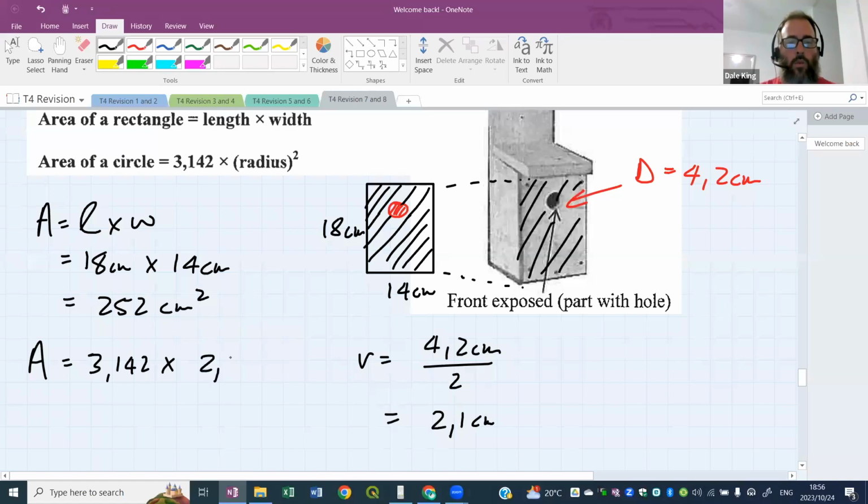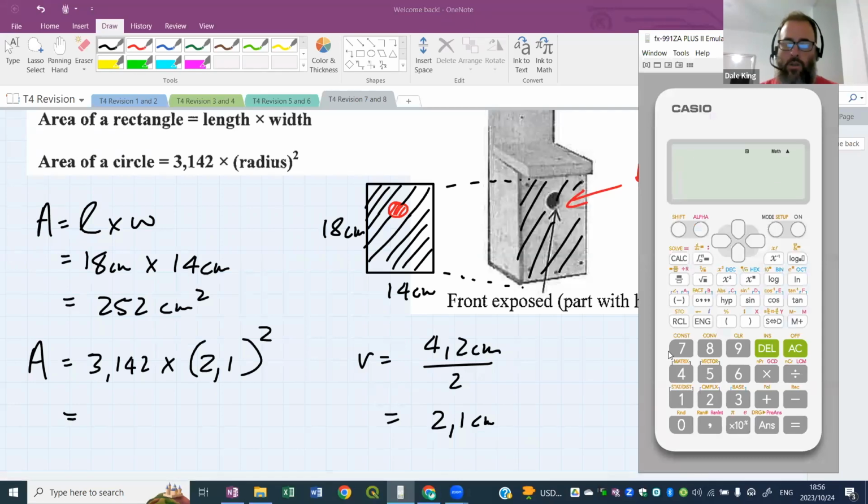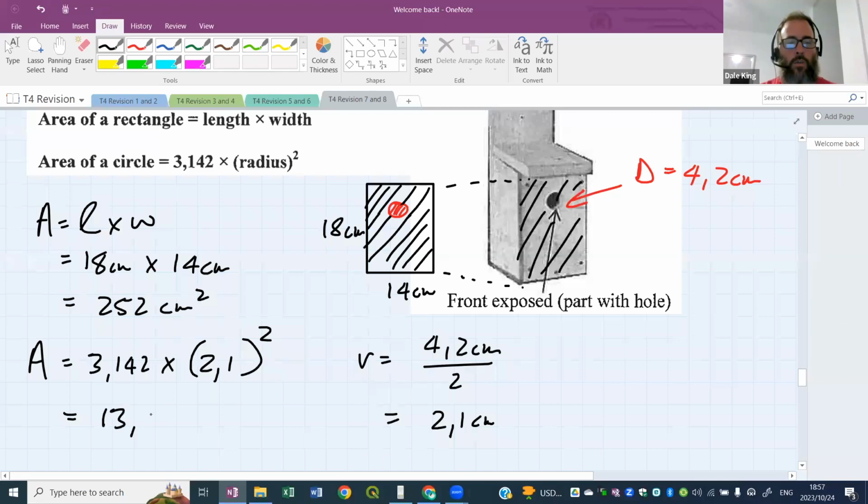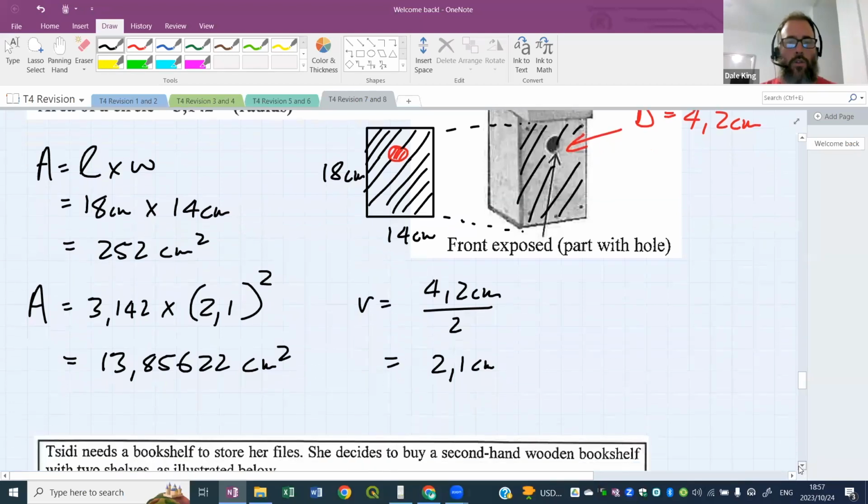So it's 2,1, and we must square that. Let the calculator do the work: 3,142 times 2.1 squared is 13,85622 centimeters squared.